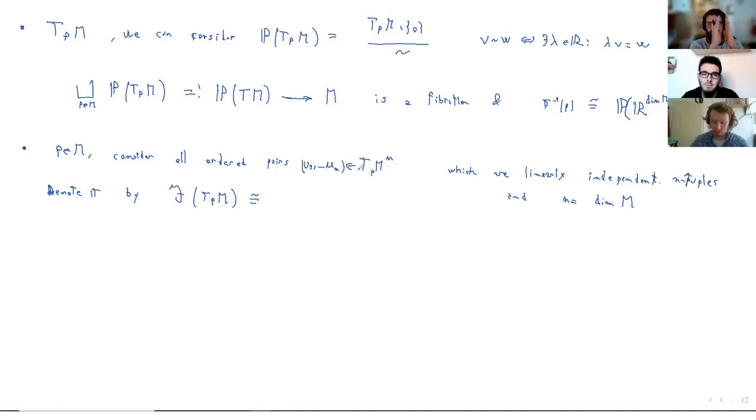And if you think about them as columns of a matrix, then this matrix will need to have determinant different than 0, right? This is the definition of being linearly independent. I mean, not the definition, but it's equivalent, of course. So, well, this is simply GL_n, or at least isomorphic to it in some way.